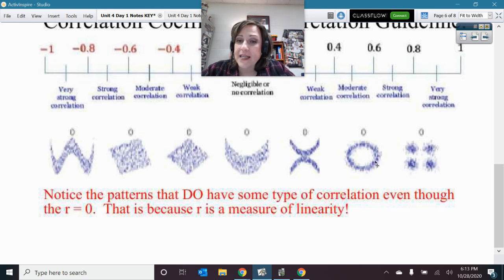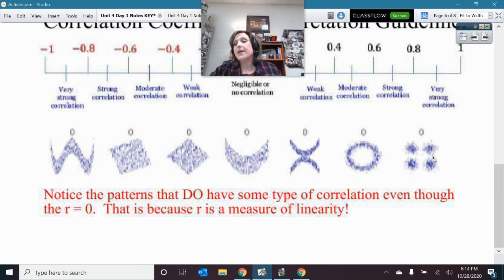I could probably find the circular or the elliptical precalculus function to fit that perfectly. So there is definitely some kind of relationship happening with all of these data sets. But what did I say? Correlation coefficient measures the strength of linearity. Even though there is some kind of relationship happening here, it's not a linear relationship. Therefore, those correlation coefficients are pretty much 0.